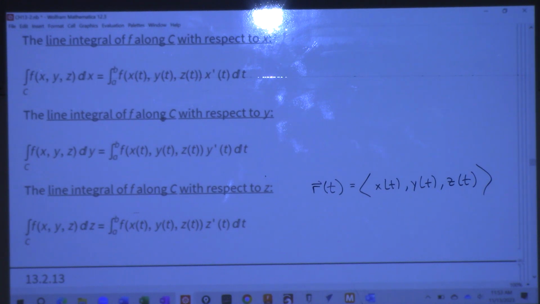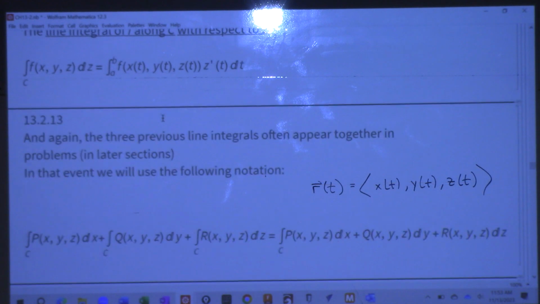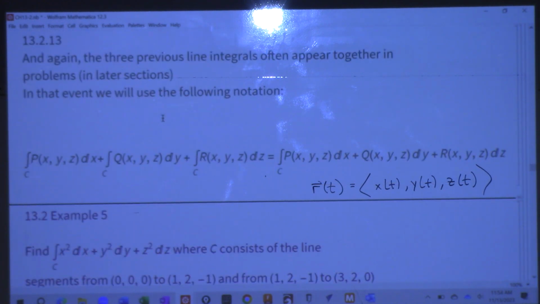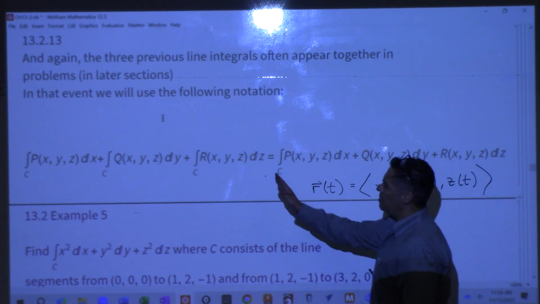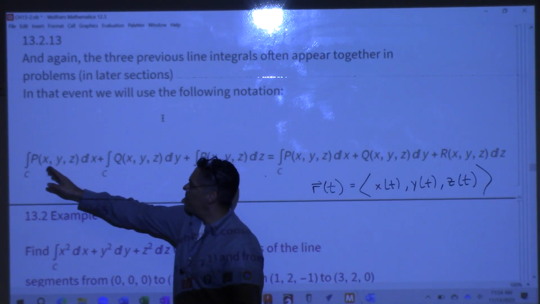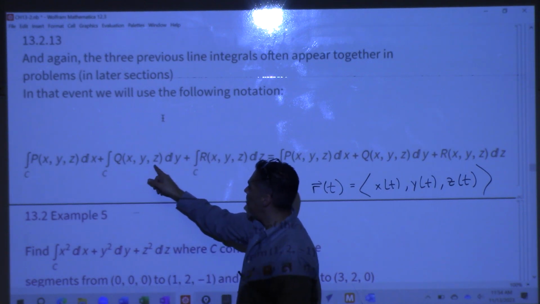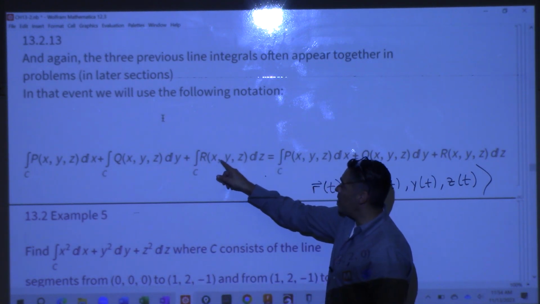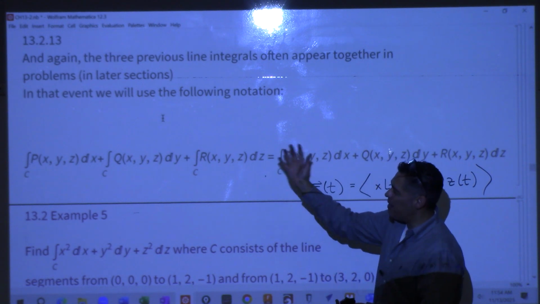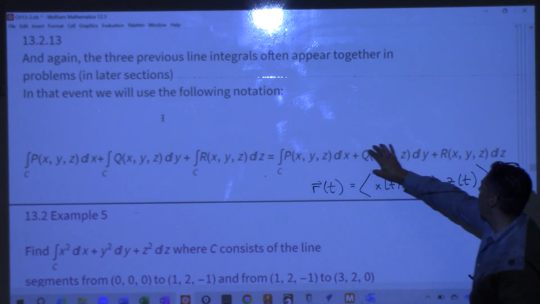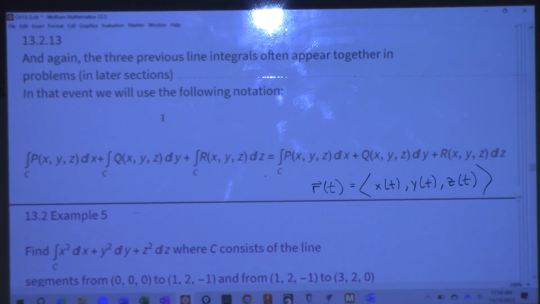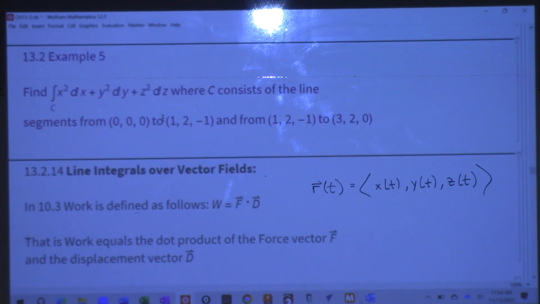Analogous? Means the same thing? All right, and finally, we will see later all three of those together. Some scalar function p of x, y, z with dx, then q of x, y, z with dy, and then some r of x, y, z with dz. And instead of writing that, we will just write one integral symbol with all of this, and it means all three of those added. Let's do an example.